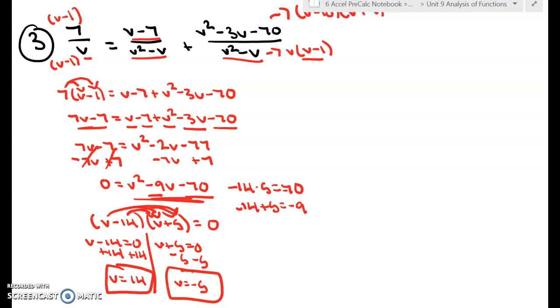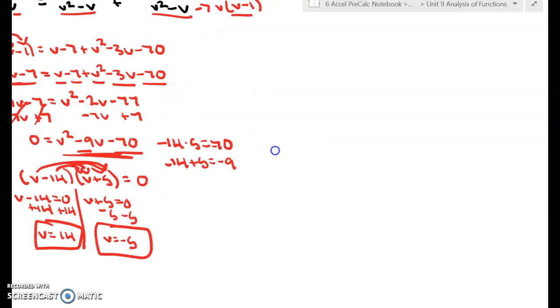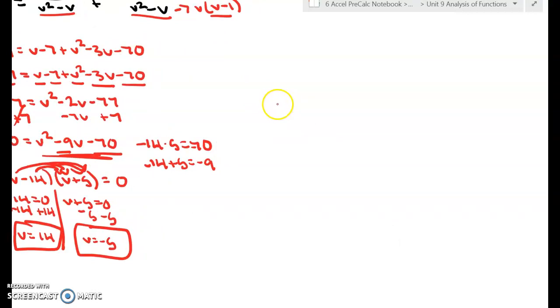Now, let's say you didn't know that -14 times 5 equals -70, because I know that I didn't know that off the top of my head. You could do the quadratic formula, which is x equals negative b plus or minus the square root of b squared minus 4ac, divided by 2a, which is a long equation.